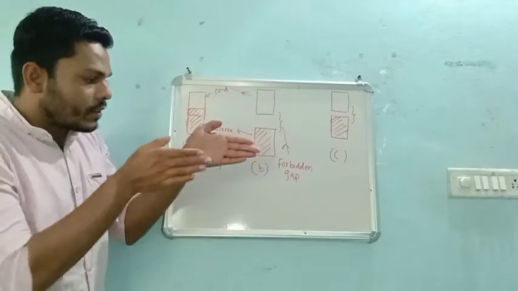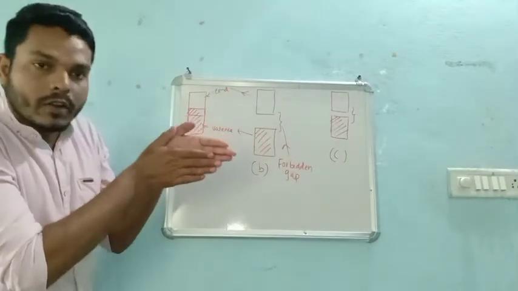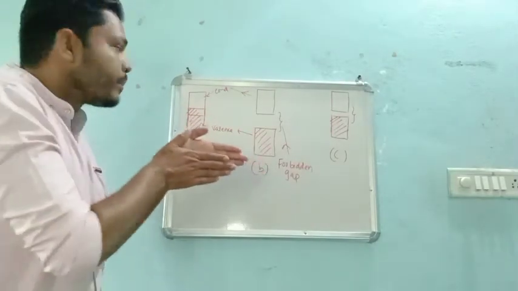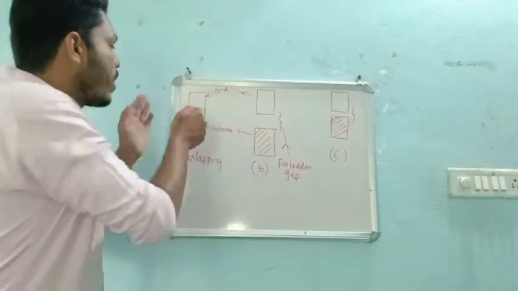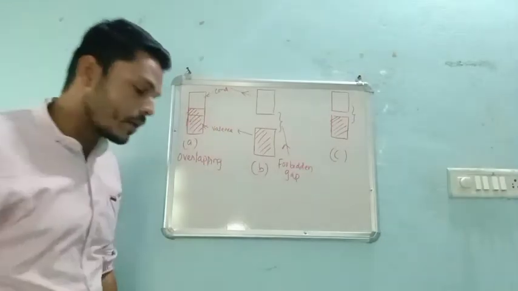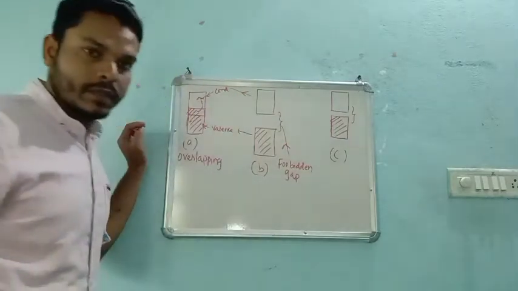If the electron-filled band overlaps the empty band, the electron will be easily transferred from here to here.